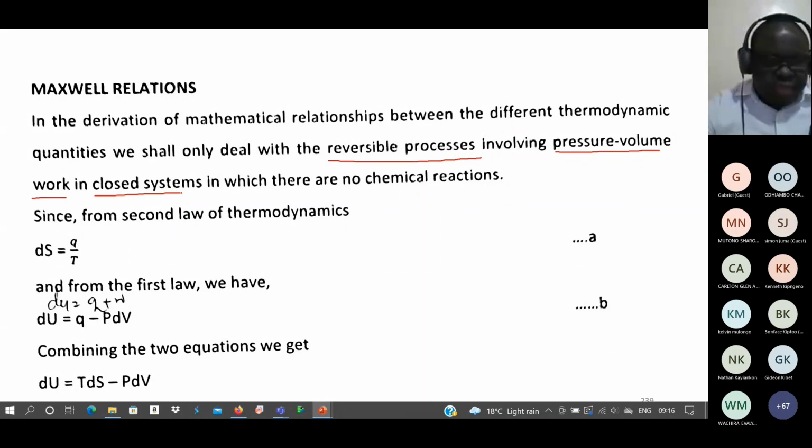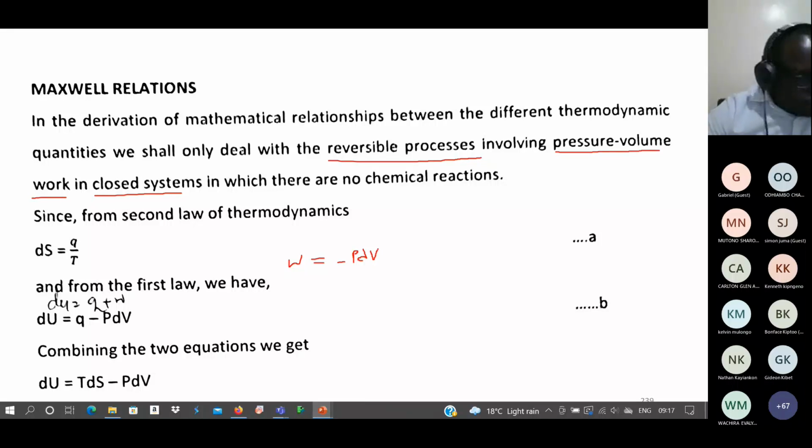Now, from the second law, dS equals Q over T. And from the first law, we said dU equals Q plus W. W we have established to be equal to minus P dV.